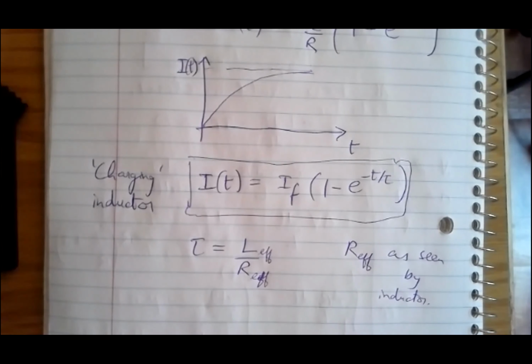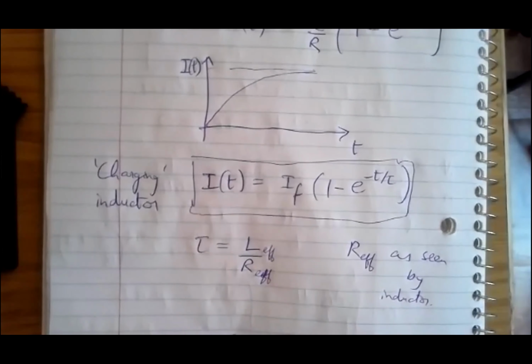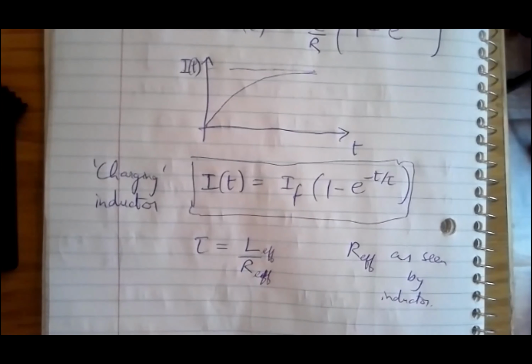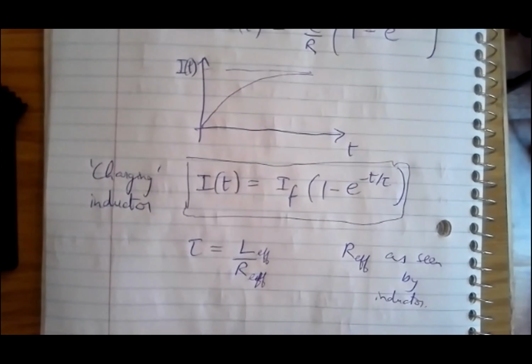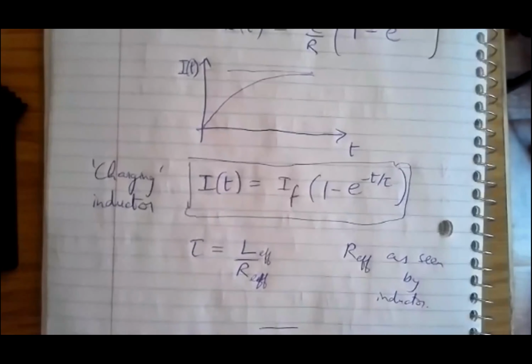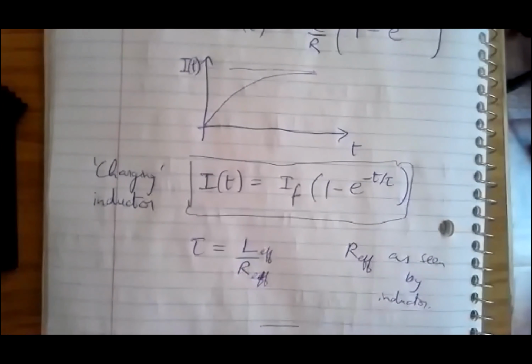All right. So this is for the charging inductor, and we can visualize a case where there would be a discharging inductor as well. So a slightly different circuit. So let's see. We'll have a switch and two possibilities.